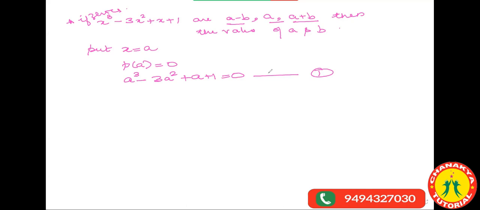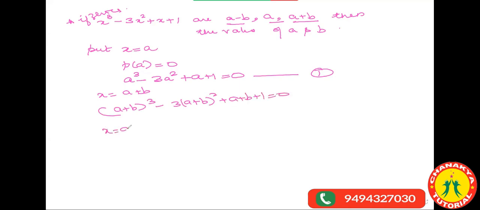It's okay. See, first thing is this, that you can put the values of x as a minus b, a plus b. Then you can calculate, right? After putting x is equal to a plus b, then it will be a plus b whole cube minus 3 into a plus b whole square plus a plus b plus 1 is equal to 0.